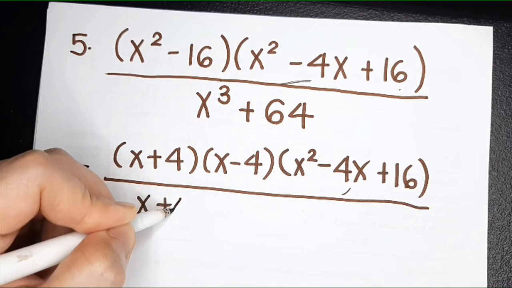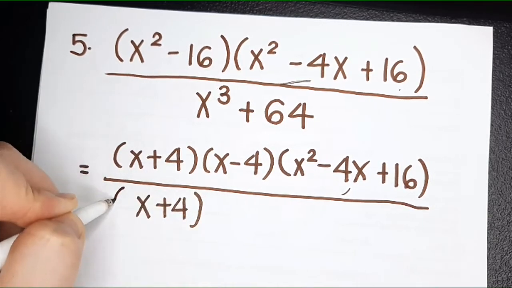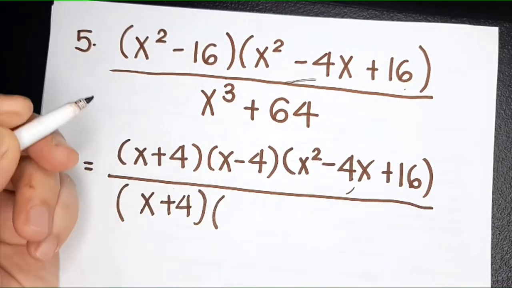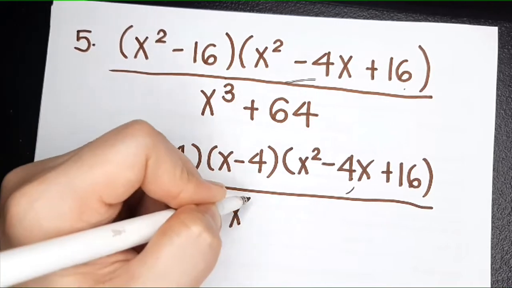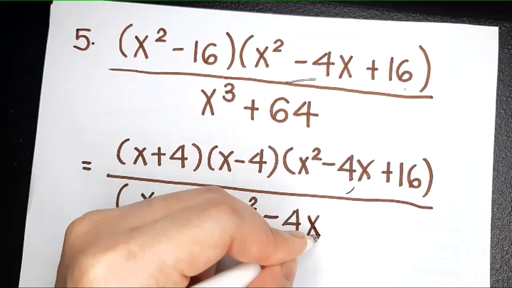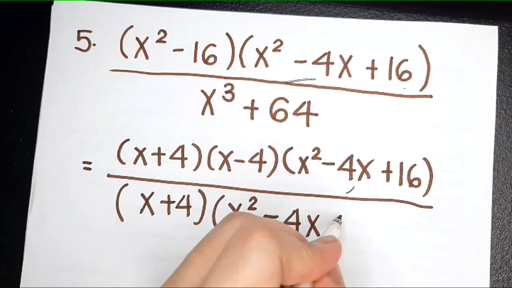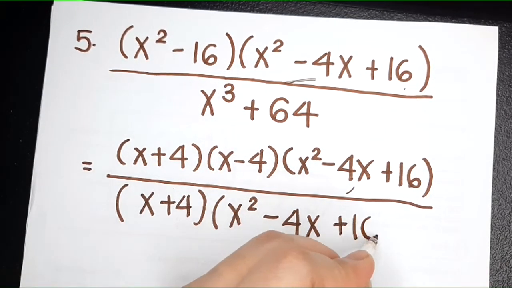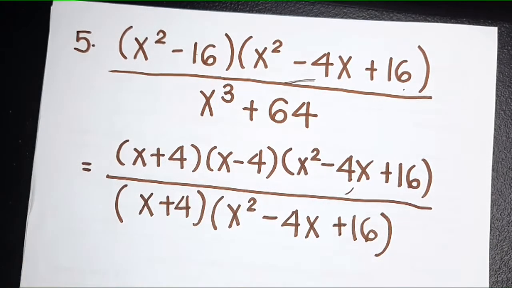So the factors are x plus 4 times x squared minus 4x plus 16. So you recall sum of 2 cubes. Yeah? Okay, and here are the factors.